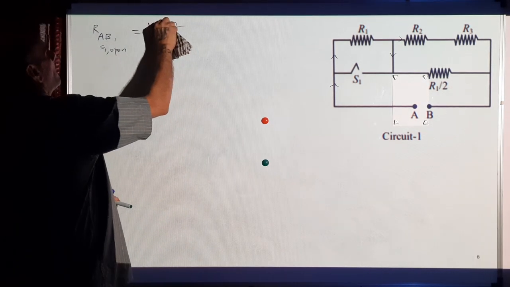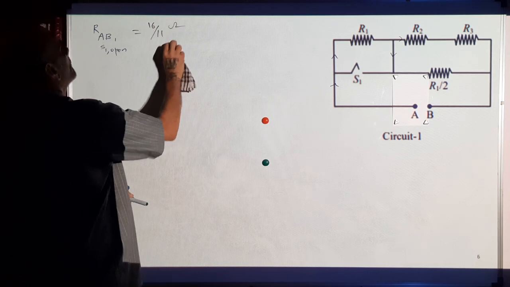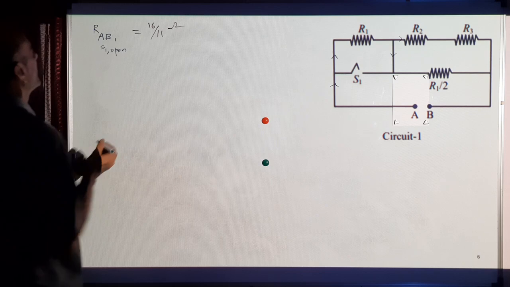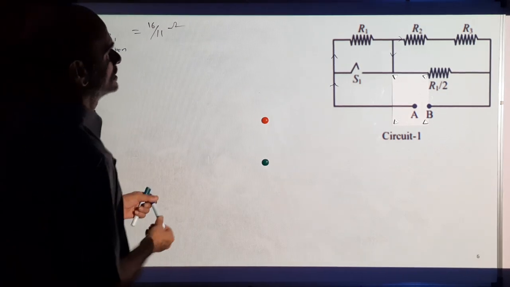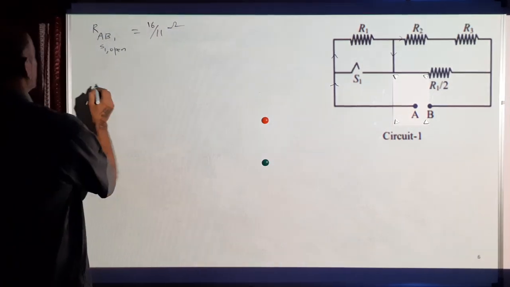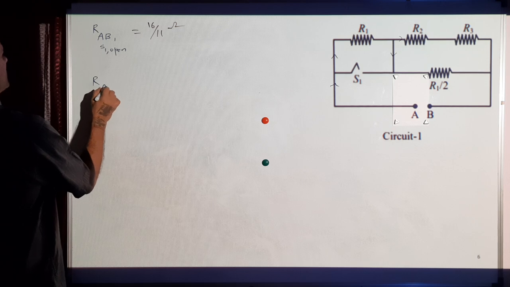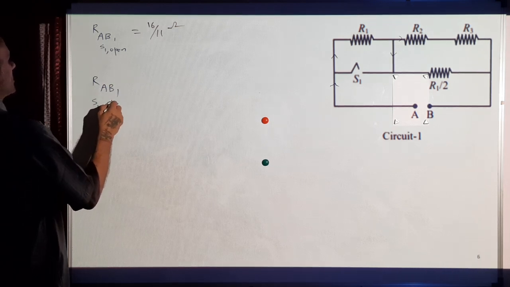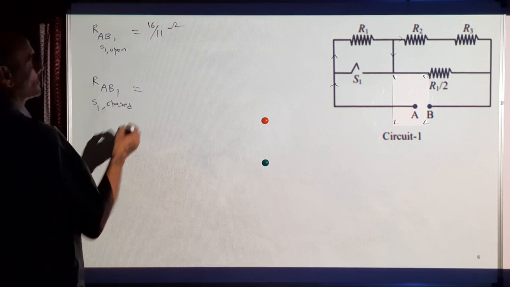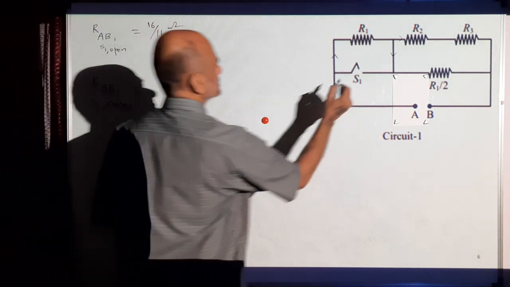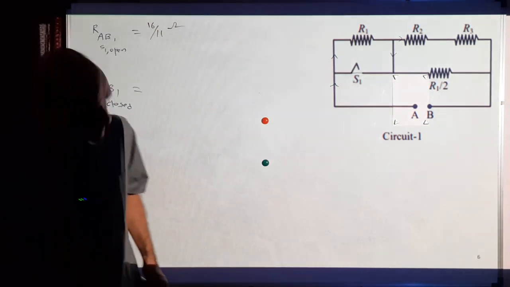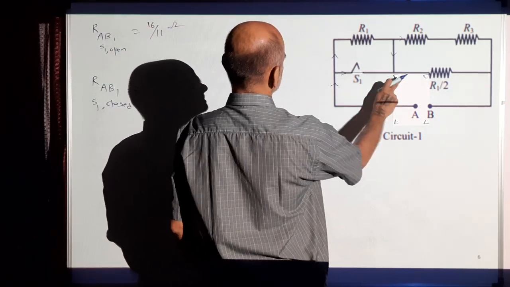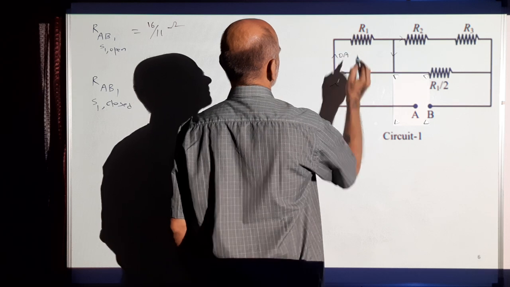Next is when this switch is closed. So resistance across AB in circuit 1 when S1 is closed. When this switch is closed, the current which comes here, all the current will flow here itself because this is a zero resistance path and this current is 0 amps.